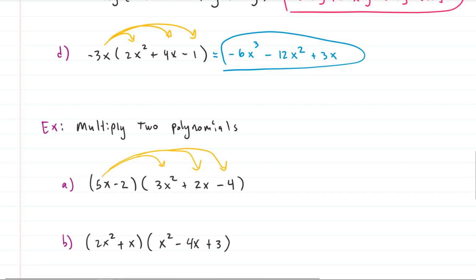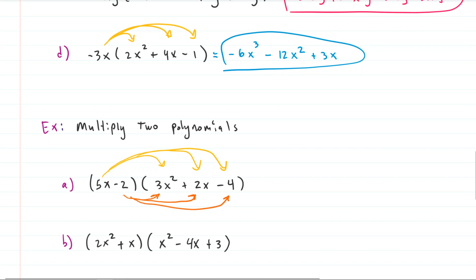And then we'll take the -2 and we'll multiply the -2 by every term in the right polynomial. So it's exactly what we did before.